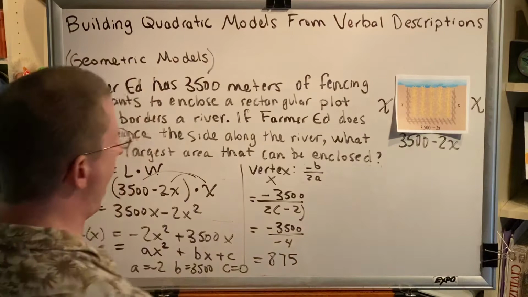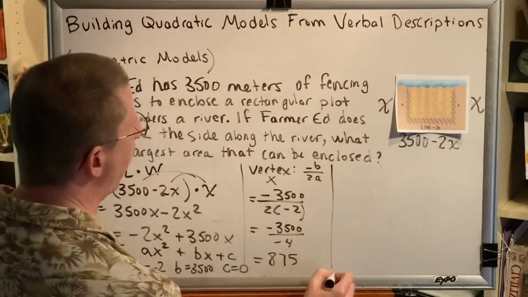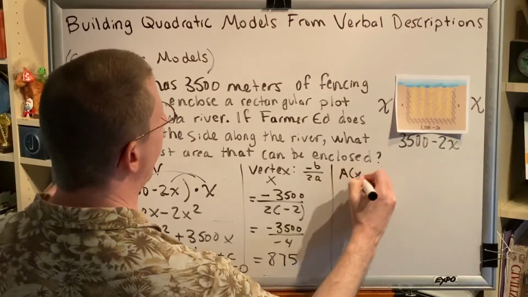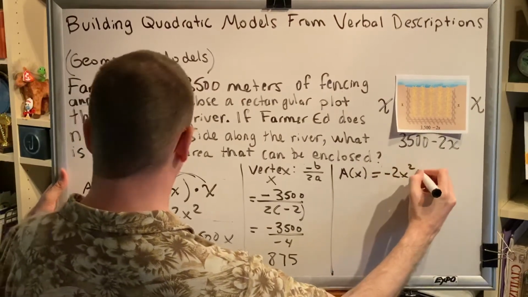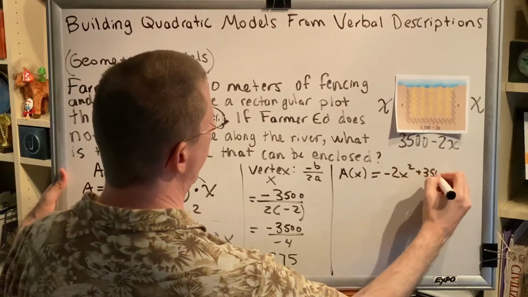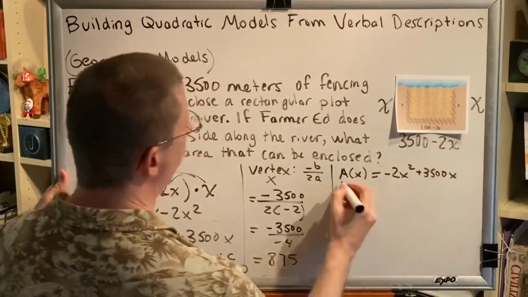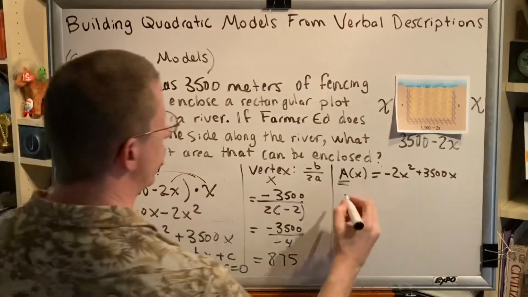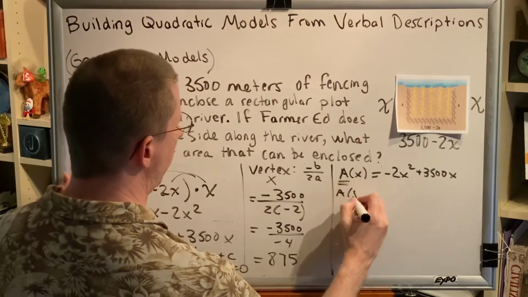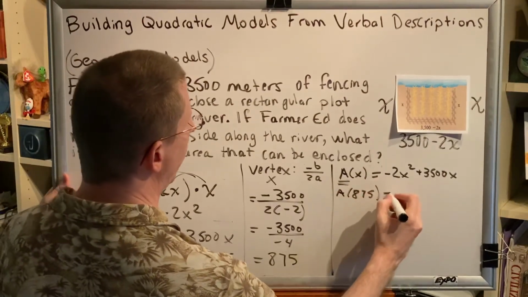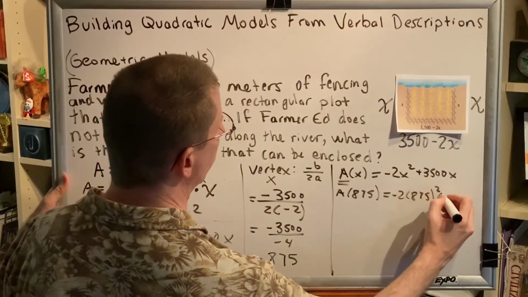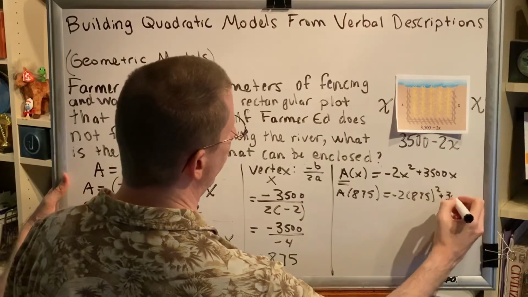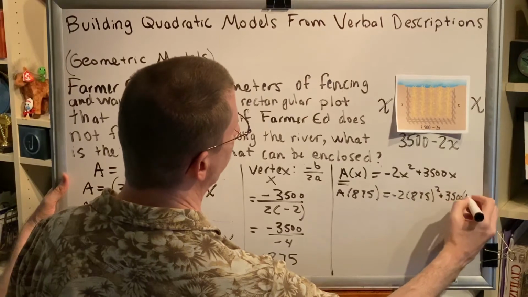So that tells me x. X is 875. Now A of x is equal to negative 2x squared plus 3,500x. What I want to know is A, the area. So replace all of the x's with 875. We get negative 2 times 875 squared plus 3,500 times 875.